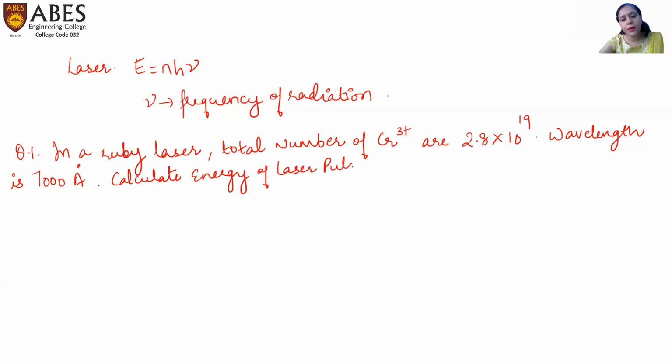It's easy. As we know, E is equal to N h nu. It's already written on the upper side, so we can easily solve this. E is equal to N, which is 2.8 into 10 raised to the power 19. h is your constant, its value will be 6.62 into 10 raised to the power minus 34.